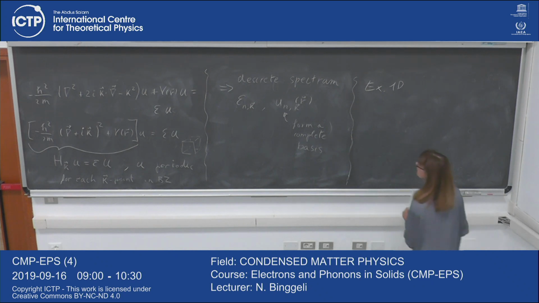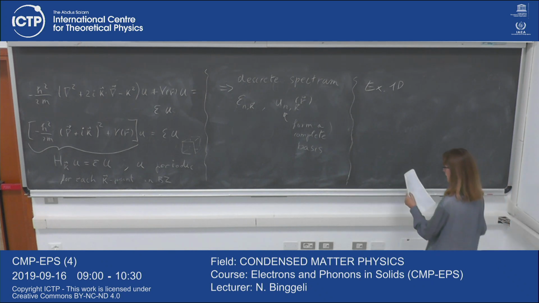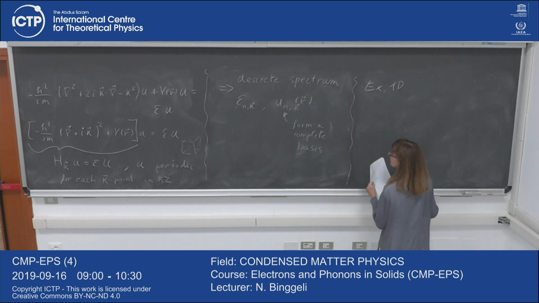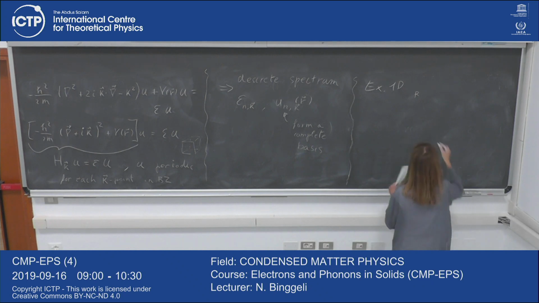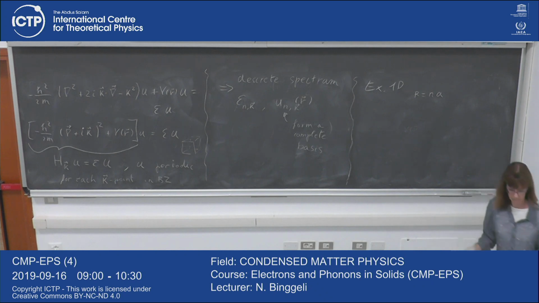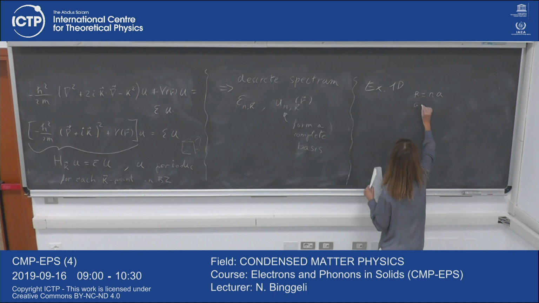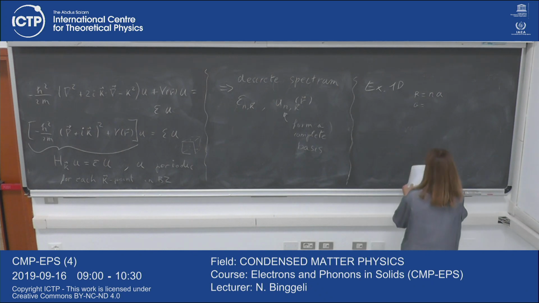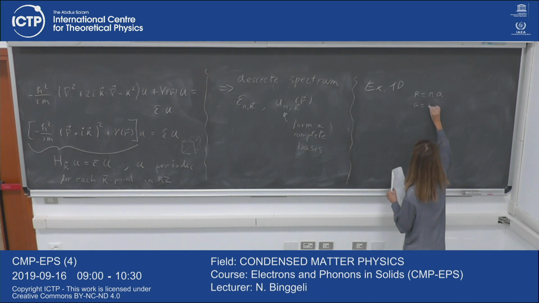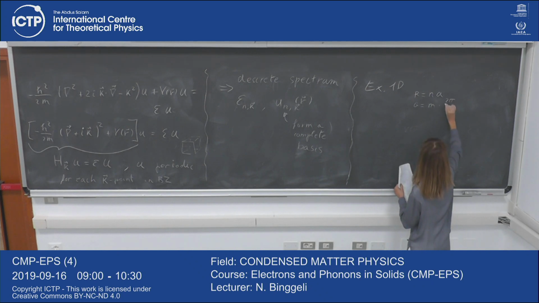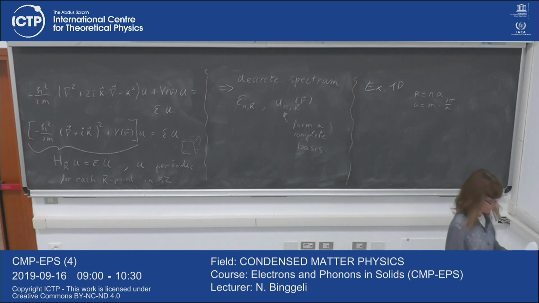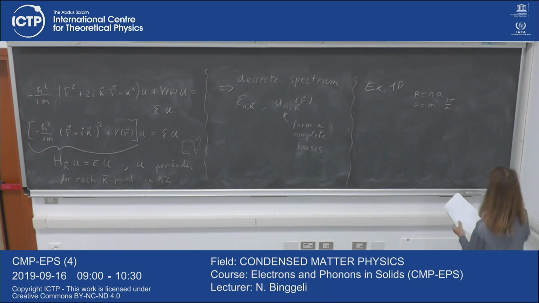So in one dimension, I have just the periodicity characterized by my length a. So my lattice vectors are just R equal n a, where n is an integer, and my reciprocal lattice numbers, it's not a vector, my G are just m times 2 pi over a, where m are integers.